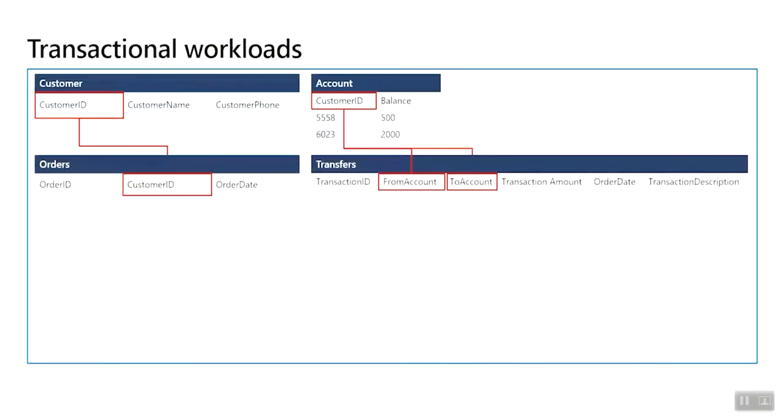To support this fast processing, the data in a transactional system is often divided into pieces. So for example, if you're using a relational data system, each table involved in the transaction contains the columns necessary to perform that transactional task.